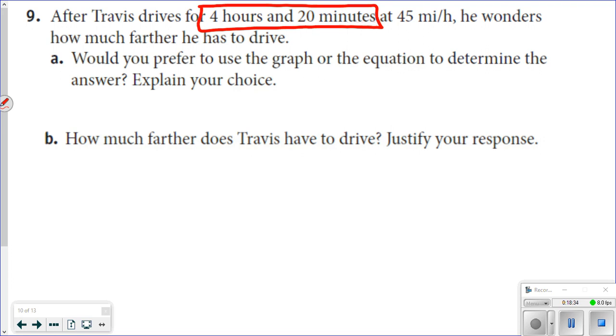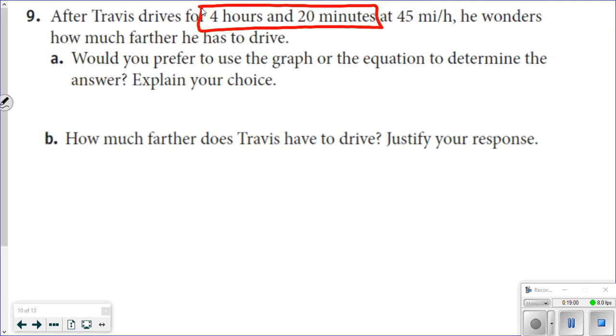Some of you might say the equation because it's more precise. Some of you might say the graph because it's visual, but it's just kind of an estimate. Sometimes we can't tell exactly where 4 hours and 20 minutes would be. Okay, so how much further does Travis have to drive?